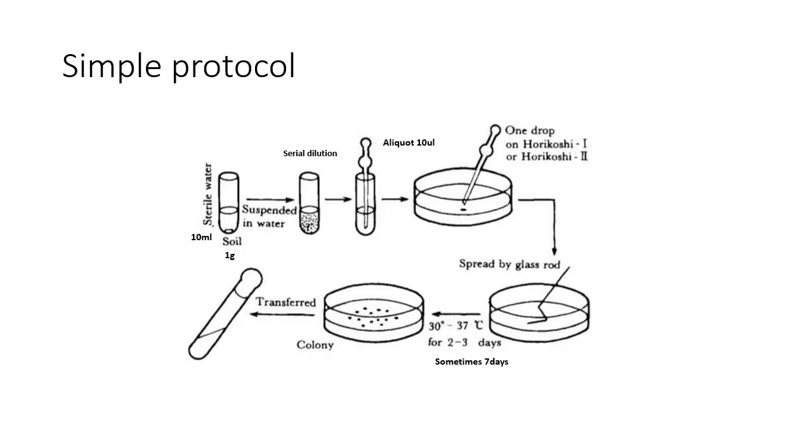Now this is the simple protocol. You can see we add 1 gram of soil in 10 ml of sterile water. We suspend it in water. We do serial dilutions. Then we take 10 microliters from the last three dilutions and plate it out. You can see here, one drop on Horikoshi 1 or Horikoshi 2 media.